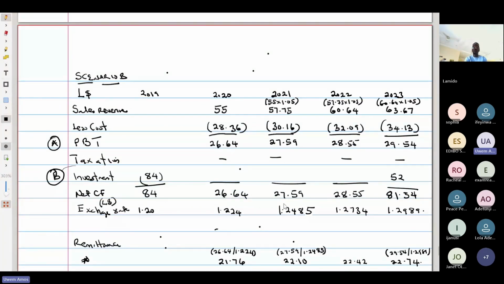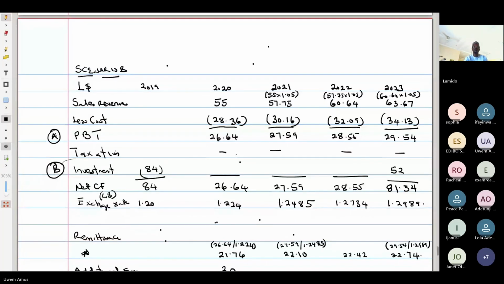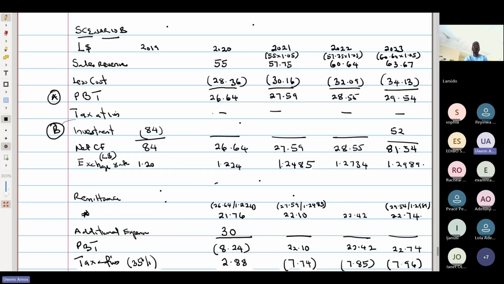Now, if we abandon the project on January 1, will we enjoy this benefit? Will we be able to make 27.59 at the end of the year, 28.55, or 81.54? Would we be able to make those values if we abandon the project on January 1?